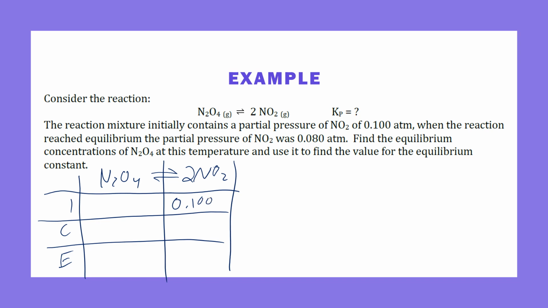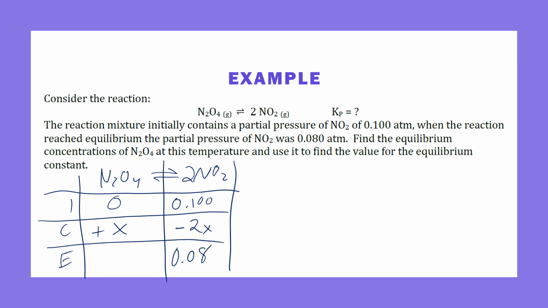When the reaction reached equilibrium, the partial pressure of NO2 is 0.08 atm. Find the equilibrium concentrations and use it to find the value for the equilibrium constant. So we don't have any N2O4 to begin with, so we know that reactants must increase and the products must decrease. And we plug in our coefficients, so plus x, minus 2x.